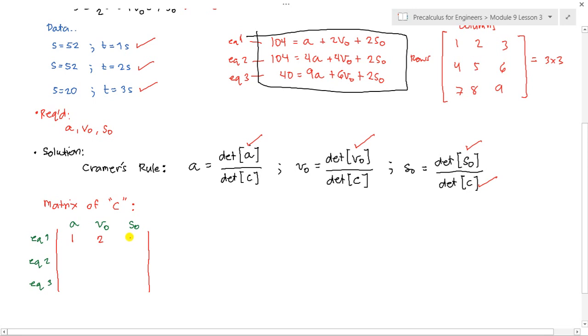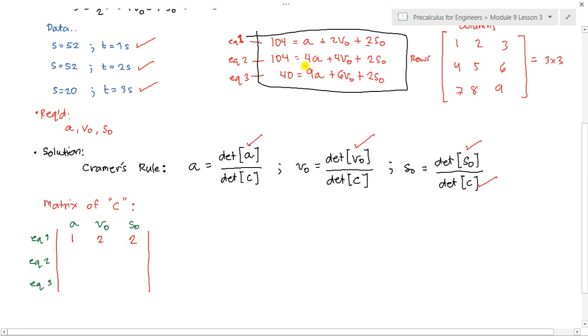What is the S naught at equation 1, from our given? Okay, 2. So put here 2.